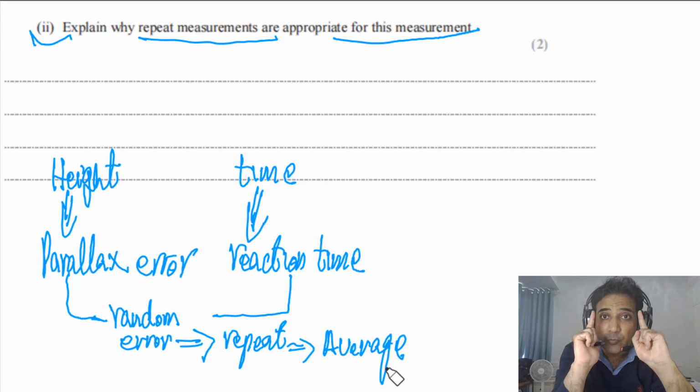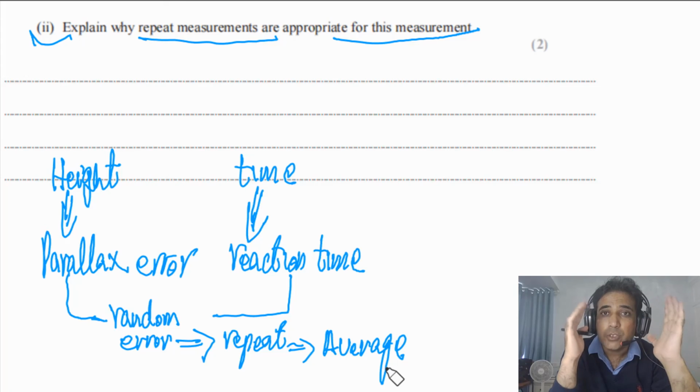If we take only one value, for example, then due to reaction time our value will be higher than the actual value, so you can say systematic error. But in this case we are repeating, so that becomes random error because readings will be sometimes higher, sometimes lower. And random error can be minimized by taking average.